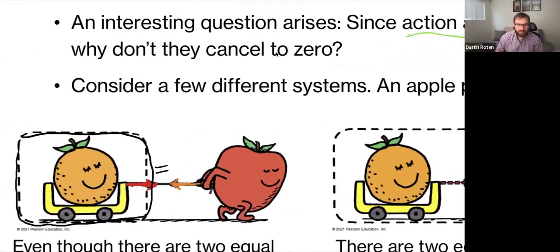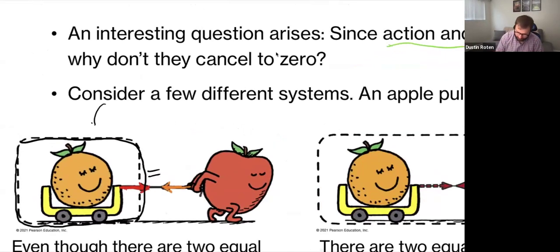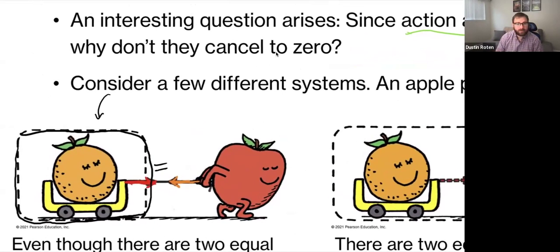Essentially all we're seeing is what's in the system. This is all we get to see. This becomes an external force because it is not inside our system that we defined ourselves.